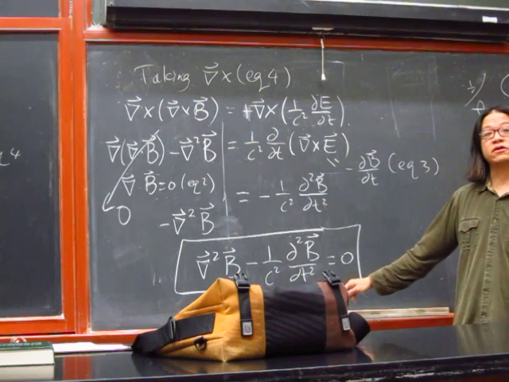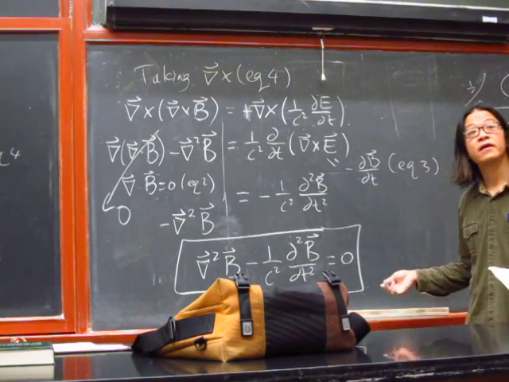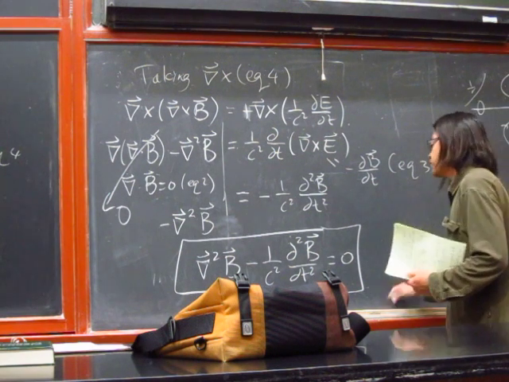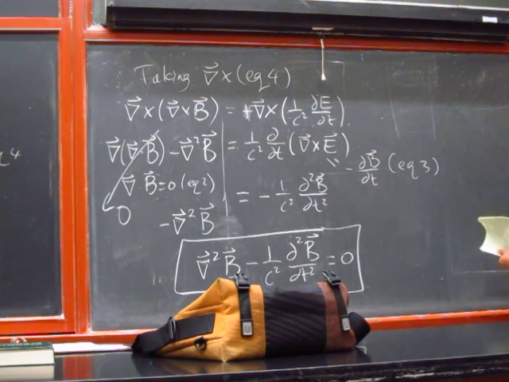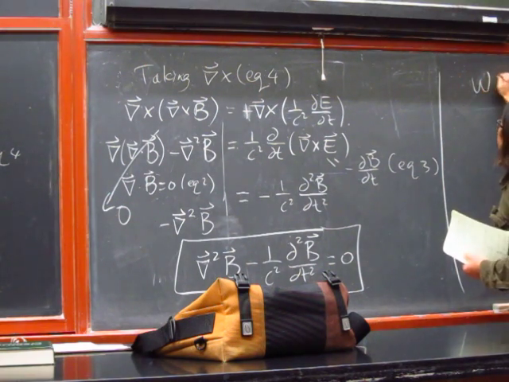This is called a wave equation. It's satisfied by both E and B. And it turns out this equation supports waves.